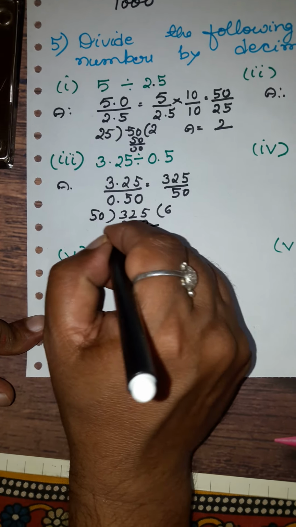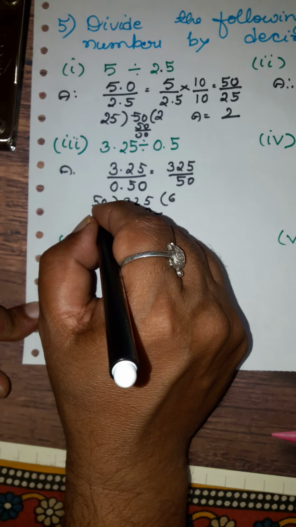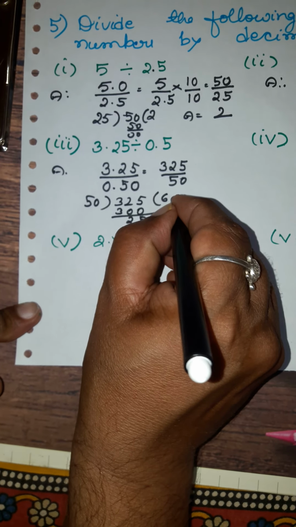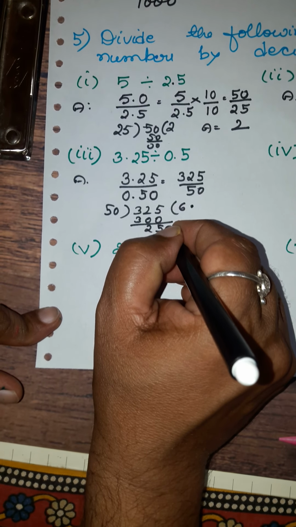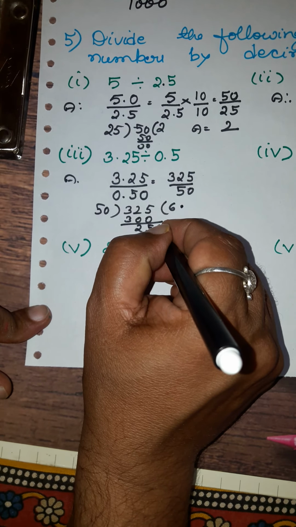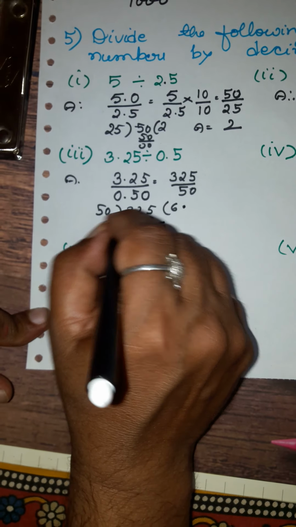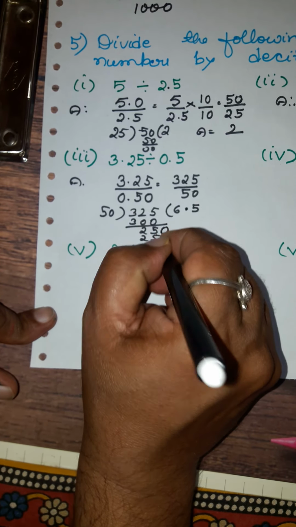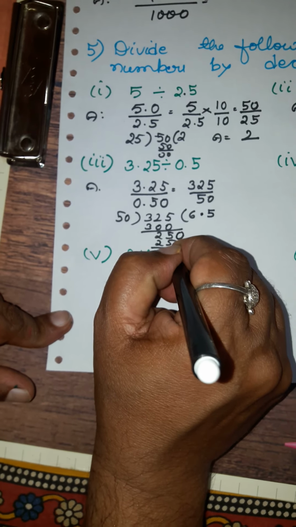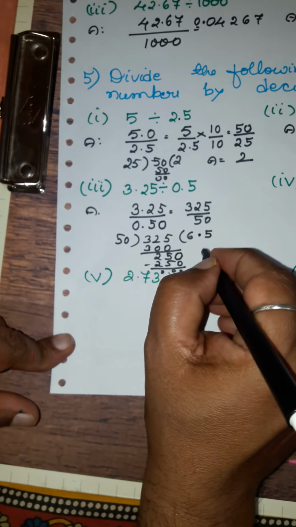So 25 is less than 50. So I have to go for decimal division. Put decimal point here. When you put decimal point at each stage, you can write 1 0 here. 250. So 5 fives are 250. We subtract 0, 0, 0.